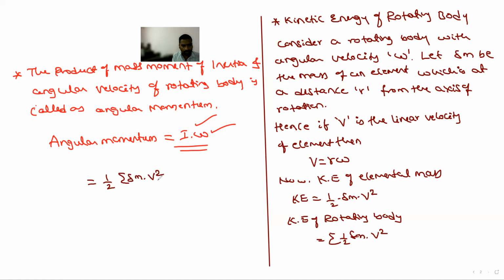What is v here? r omega. So instead of v square, I will write r square omega square. Half outside, summation of delta m is total mass, into r square into omega square. What is m r square? I. Half I omega square, that is equal to kinetic energy of rotating body.